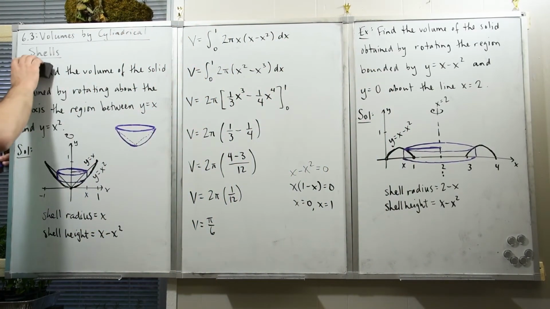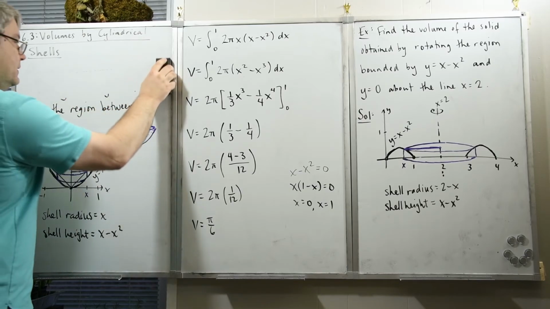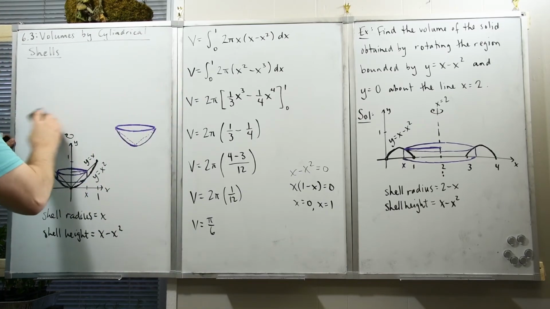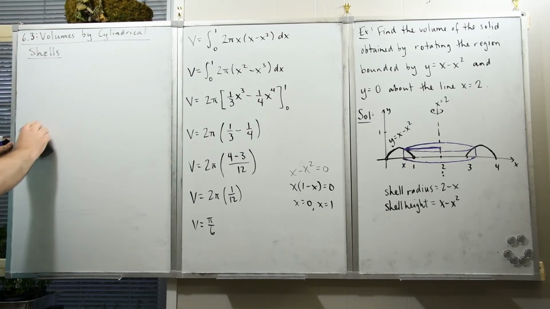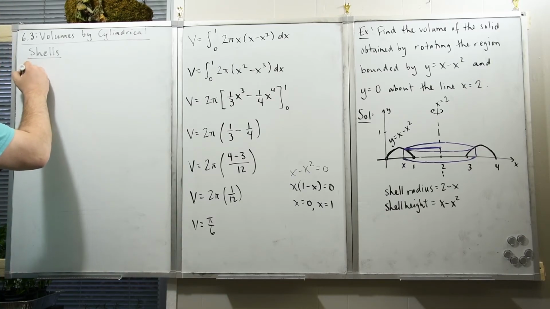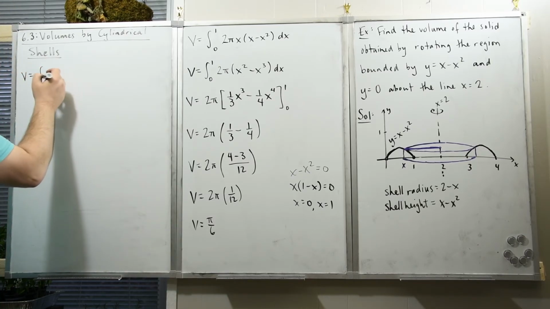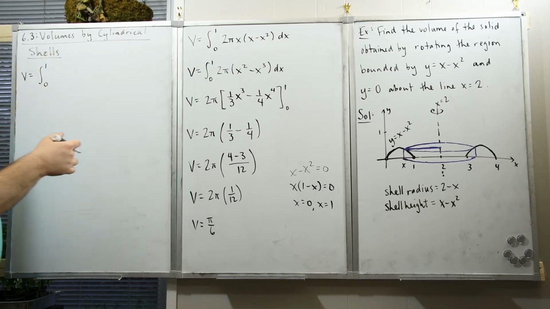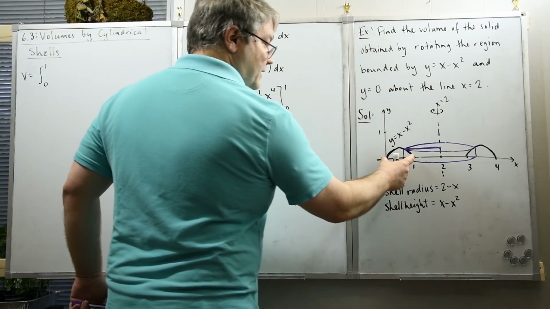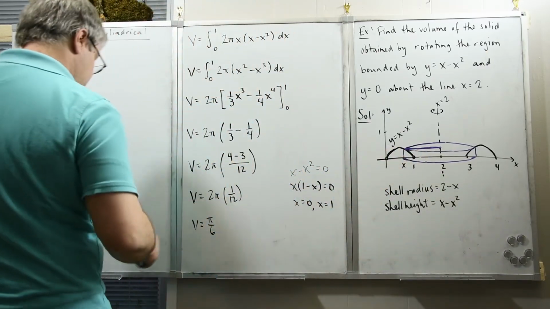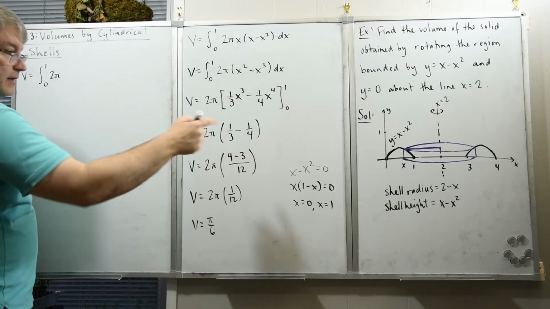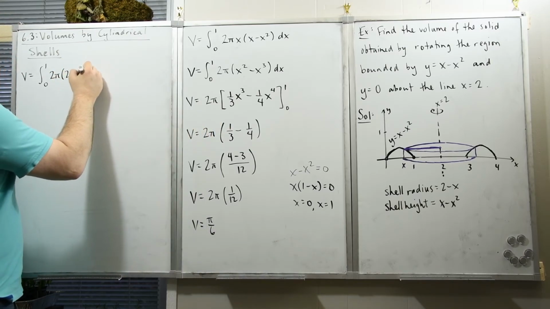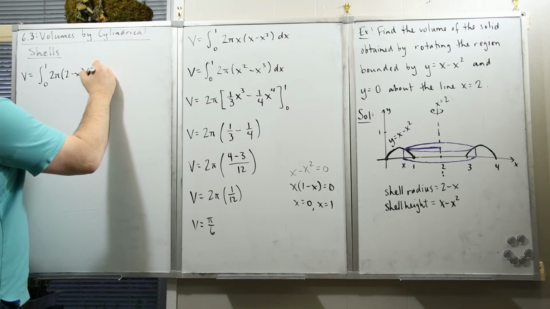So we can set up our integral for the volume over here. Volume is the integral from 0 to 1, because 0 and 1 are the endpoints of the interval over which the original region lies. We'll have 2 pi times shell radius, which is 2 minus x, times shell height, which is x minus x squared.